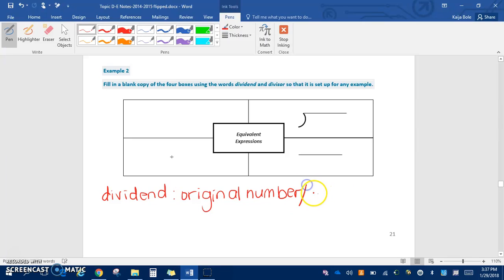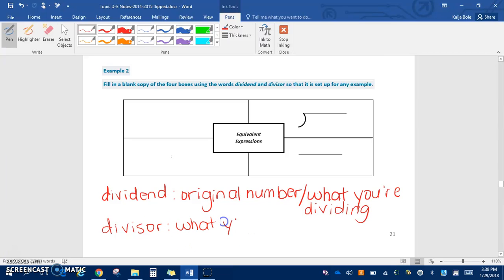Or this is what you are dividing up. Right, your divisor is what you are dividing by. And this is how many groups you are making.